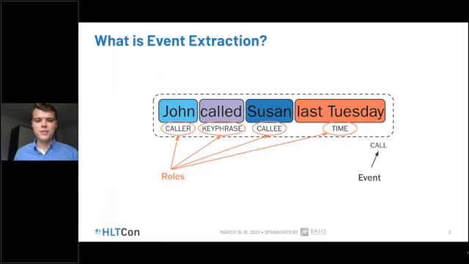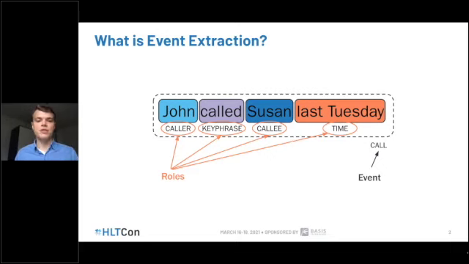So what is event extraction? At a high level, it's the process of detecting events that are described by a piece of text. Now, the exact terminology varies widely across literature, but generally speaking, we try to distinguish between the abstract notion of an event, which in this example shown on screen would be just the phone call that's being described by this sentence, and the concrete roles that are part of that event.